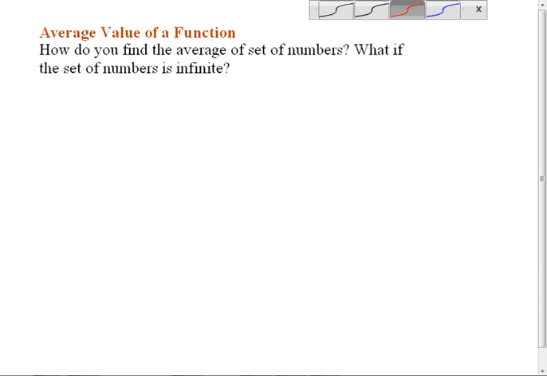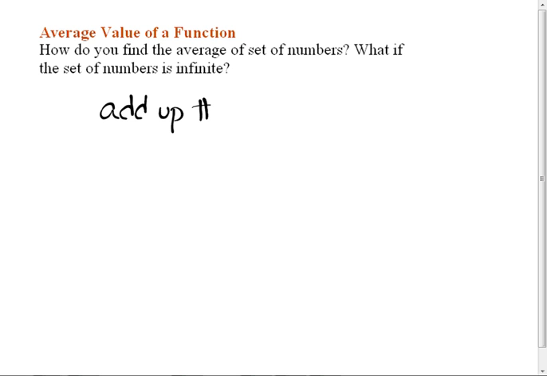So, how do you average numbers? Okay, so you add them up and divide by the total number of numbers. Now, this would be like 2, 3, and so on.